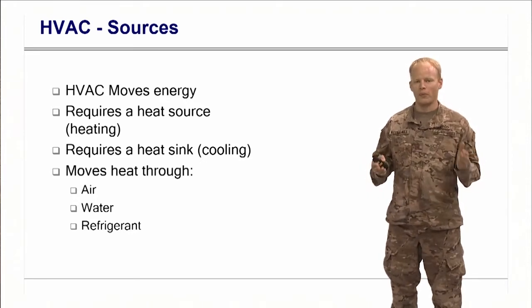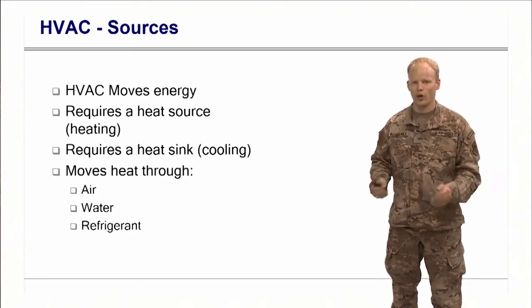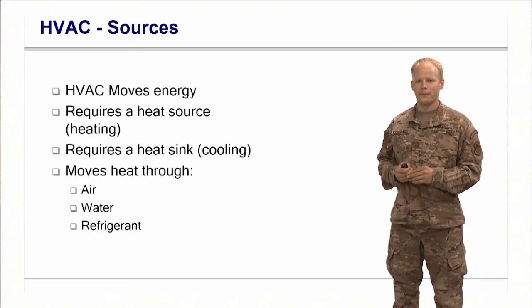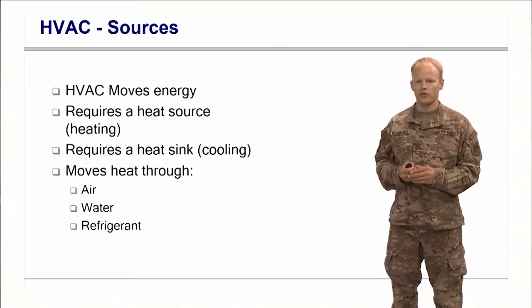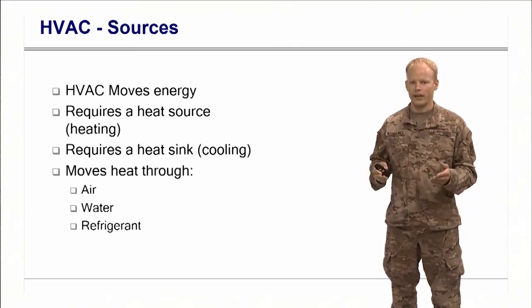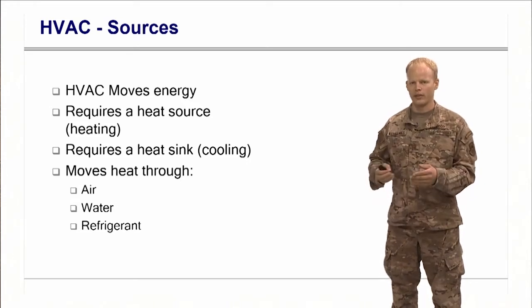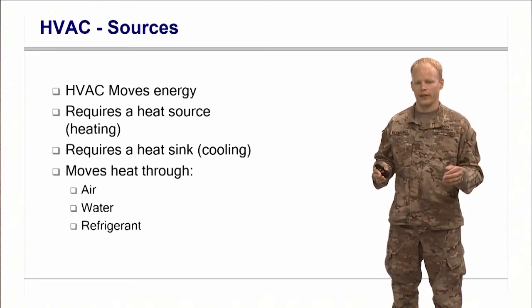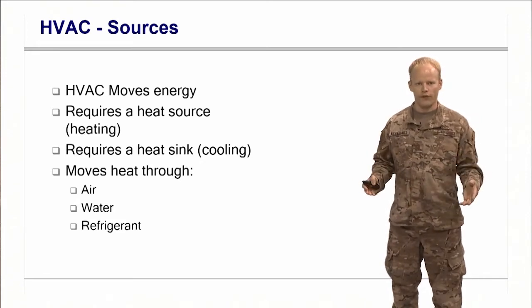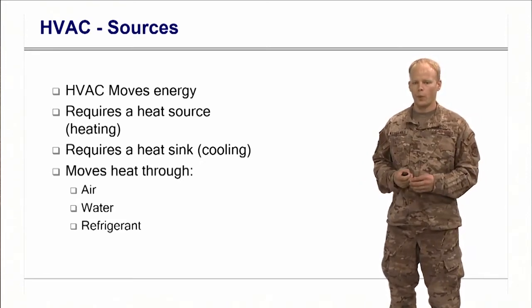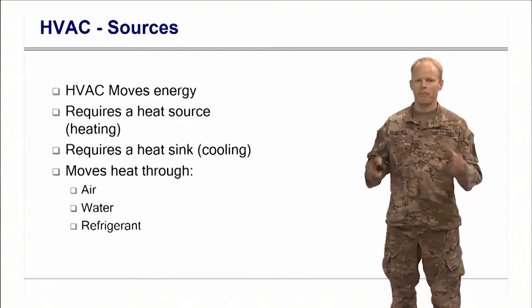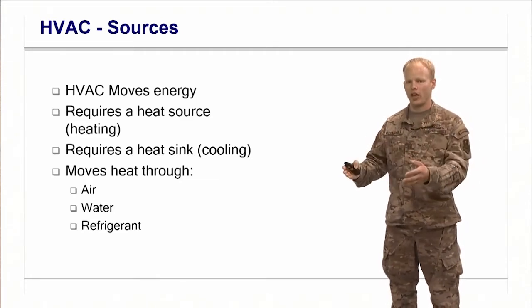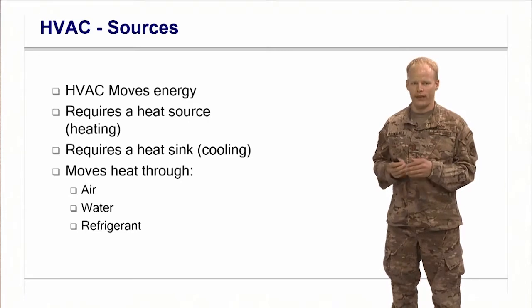Something will fall from a high elevation down to a lower elevation. So heat moves the same way. It's going to move from high energy, high temperature to cold, low energy air. So we need to have a heat source in the winter where we start a fire and we basically add heat back into the building to replace the losses through the walls out to the environment.